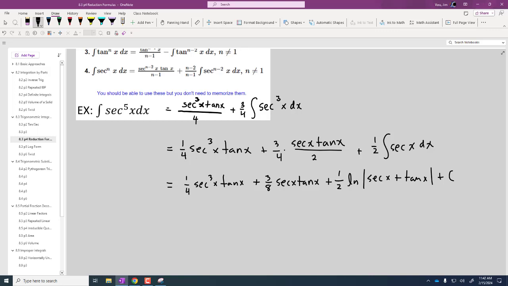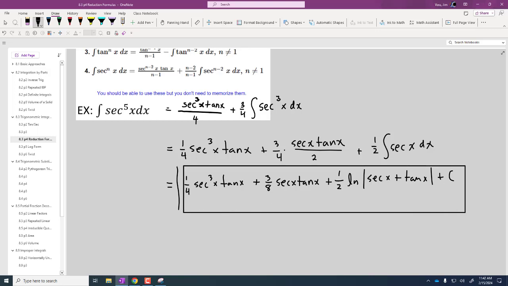So the interesting thing with secant, we did this the other day. The integral of secant, you have to multiply top and bottom by something that puts it in logarithmic form, and it turned out that we multiplied by secant plus tangent over secant plus tangent.